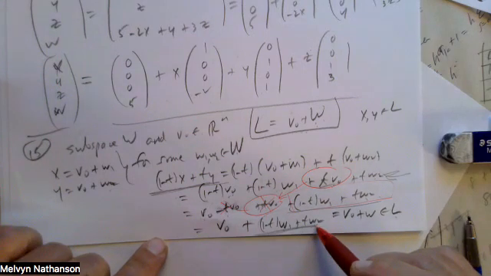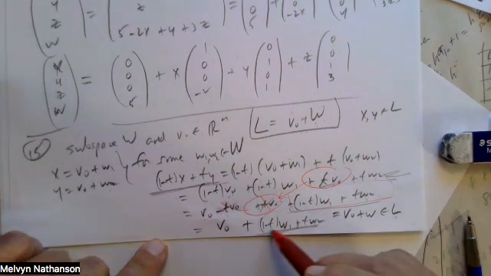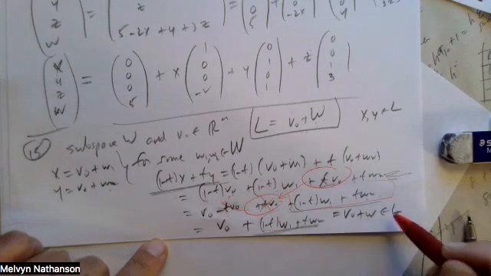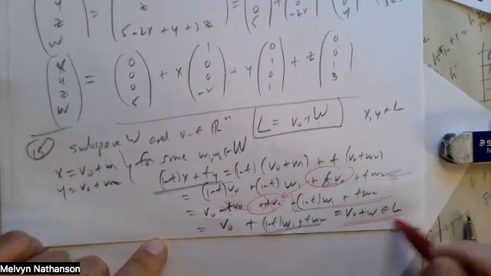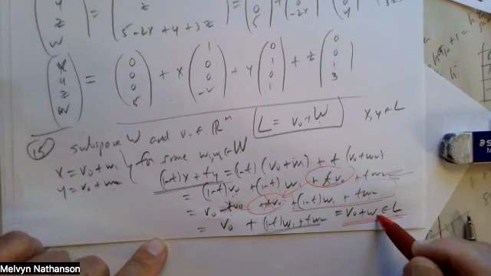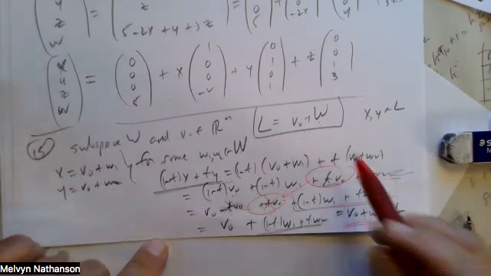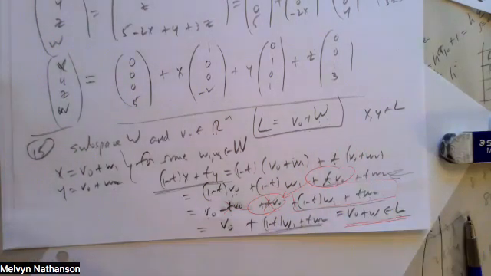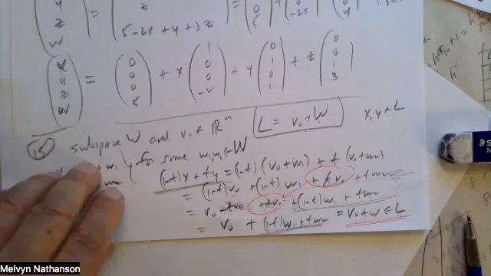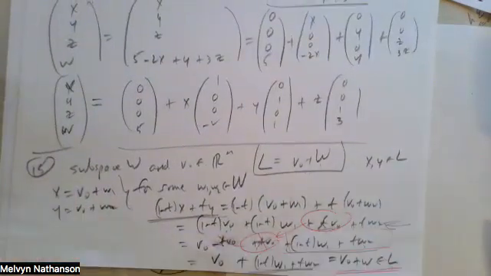And these are vectors in the subspace W, so this is just some vector, little w, in the subspace W. So I have V naught plus W. That's exactly what my affine subspace is. And in the first row where it has 1 minus T, is that just what's given?